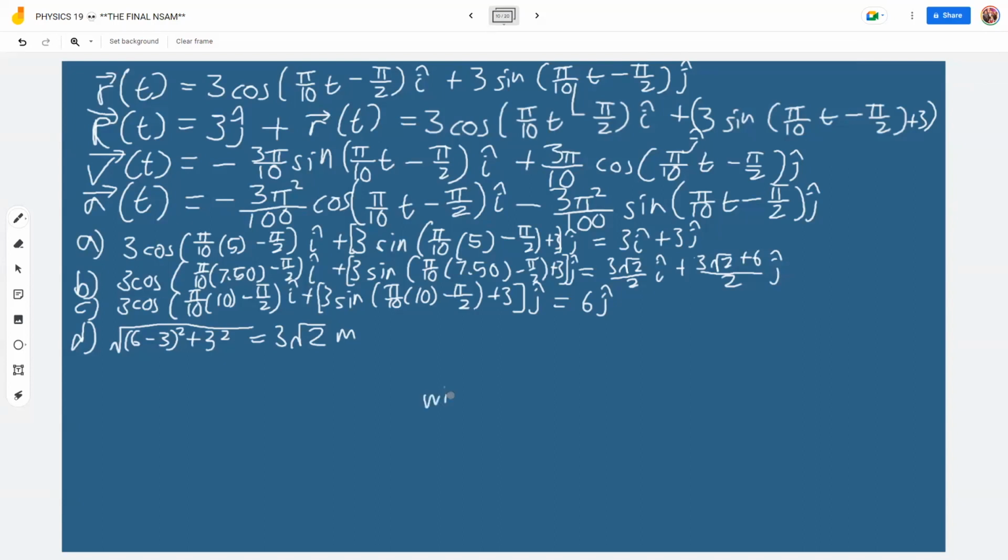Ngayon yung sa letter B, so it's going to be 3 pi over 4, no? Sige. Yung C. Wait, anong D? Displacement. 5 and 10.